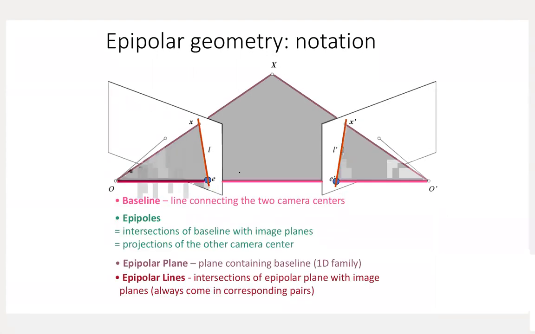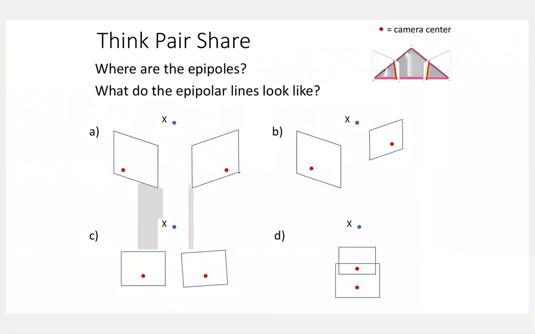Now, this is the epipolar geometry here, and by the way, it depends on the camera setup. Of course, the epipolar lines are shown differently on the screen, and the epipole will also be different.